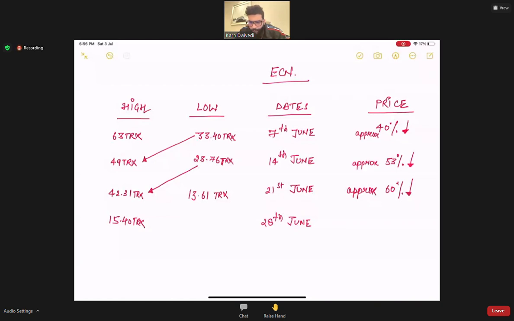And it went down to... Again, you can see the market opened at a higher price than the last price, right? And it is approximately 70%.